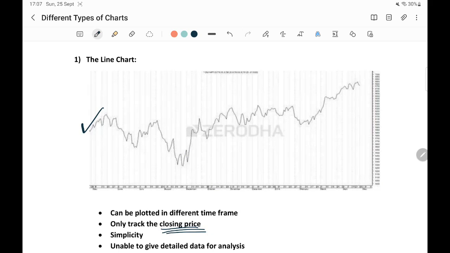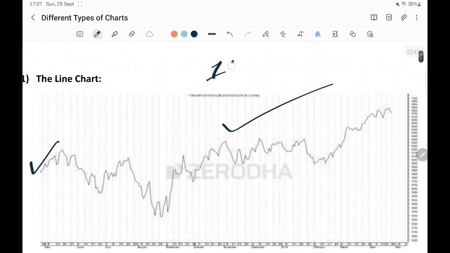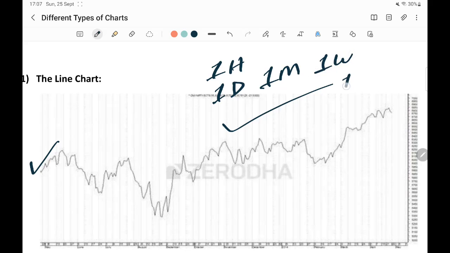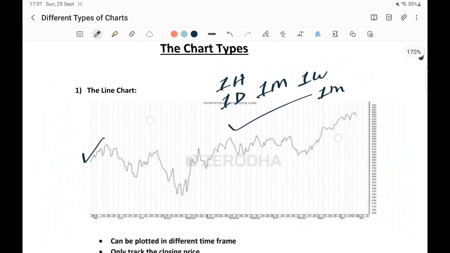What is the meaning of time frame? The chart can be created, for example, for 1 hour, 1 day, 1 week, 1 month, or even 1 minute. All of these are time frames for which we can construct the chart.